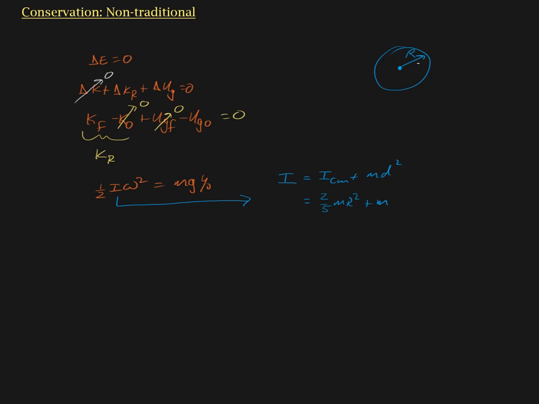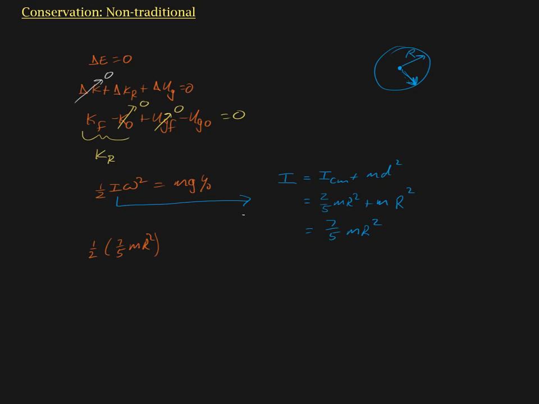The ball has a radius of r, and so whenever you move the axis of rotation down in this direction, the d value is going to be just the radius of the ball. So we have 2/5 mr squared plus 5/5 mr squared, which gives us 7/5 mr squared.